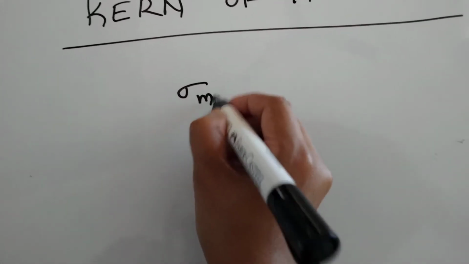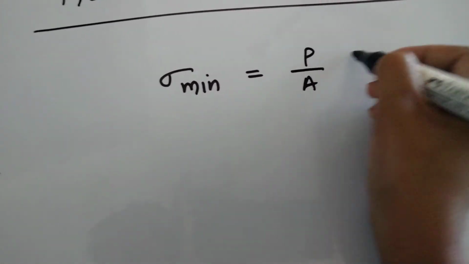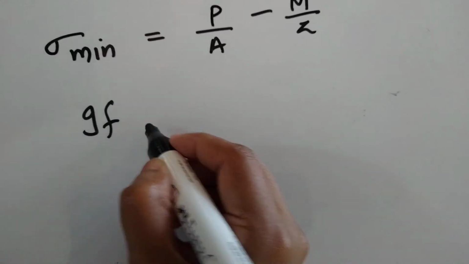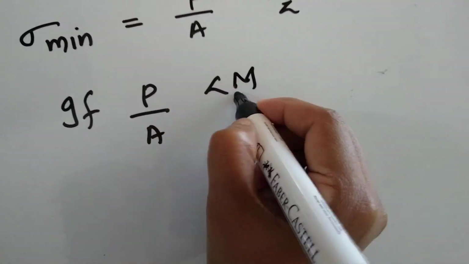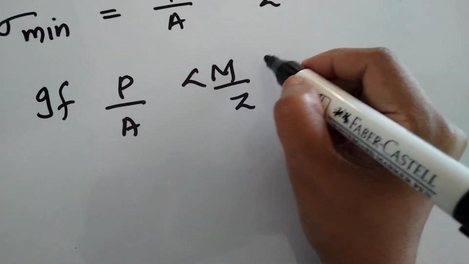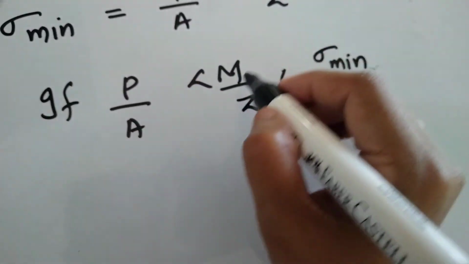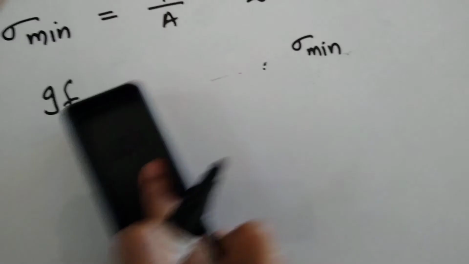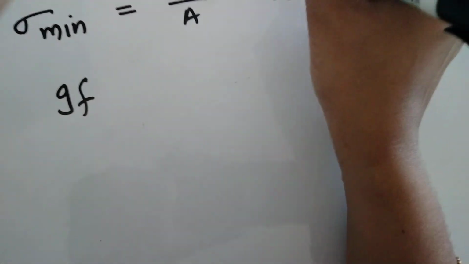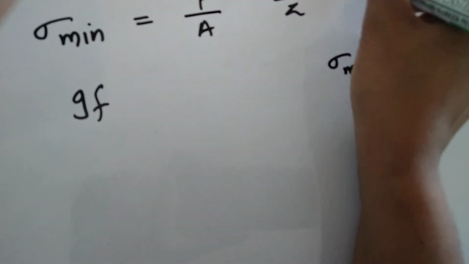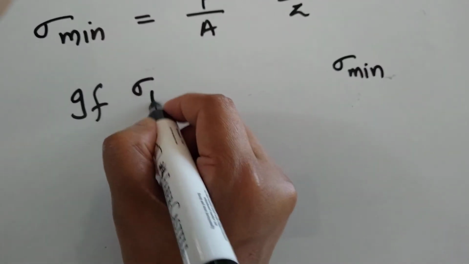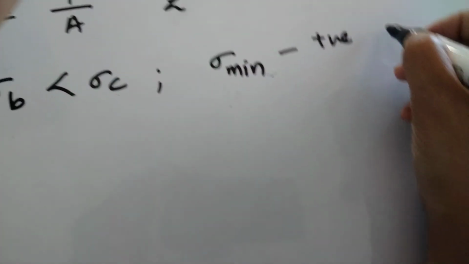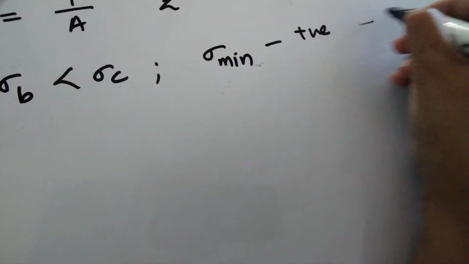So, your minimum stress is given by sigma minimum is equal to P by A minus M by Z. Suppose this is sigma C, direct stress, and this is sigma B. If sigma B is less than sigma C, then sigma minimum will be positive, so it will be compressive.